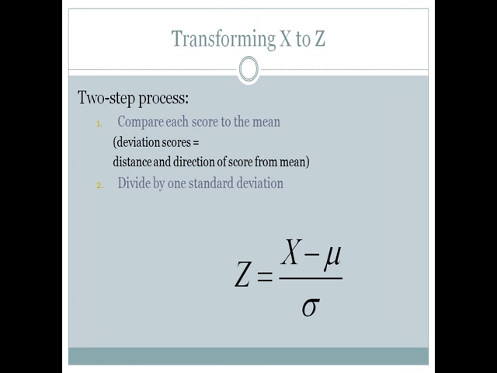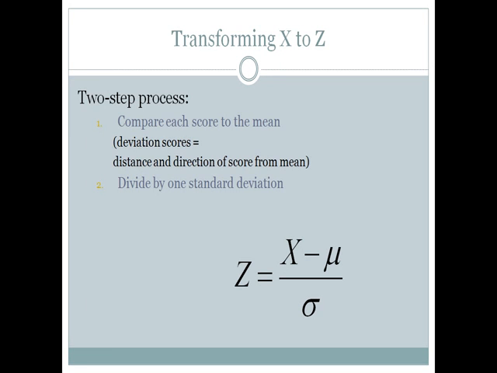Okay, so let's go back to how do we actually convert. So what I did on that slide was convert a distribution of raw scores to a distribution of z-scores. This process that is outlined on the slide right here is not only the way to transform one score from a raw score to a z-score, but this can also be done on an entire distribution of scores.